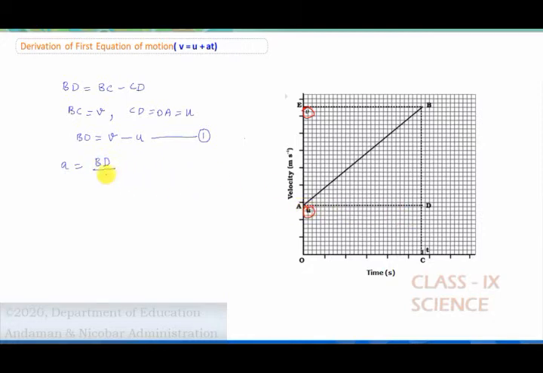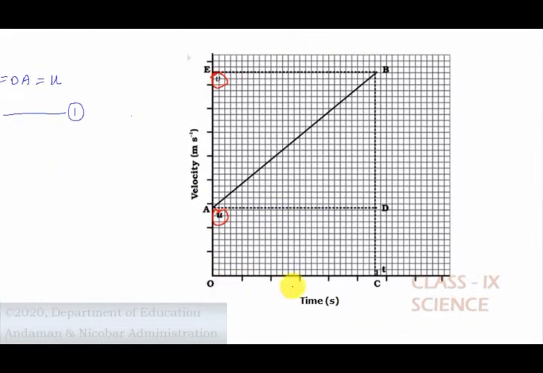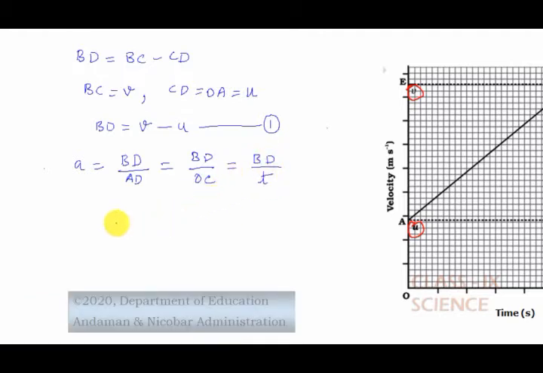is AD. Here, since AD is parallel to OC, which is equal to T, we can write this equation as BD by OC. Since we know that OC is the time interval, the equation can be written as BD divided by T. So rearranging this equation, we get BD is equal to AT.